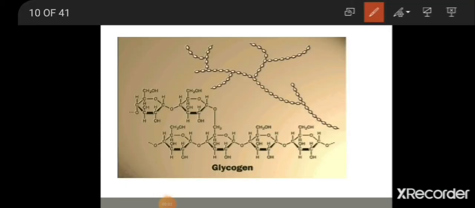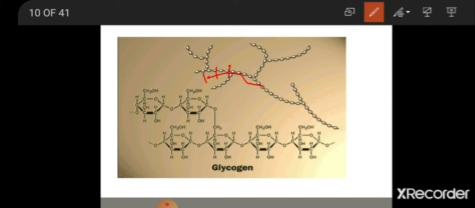From UDP glucose, the glucose moiety is attached to the glycogen primer by glycogen synthase, which keeps on adding glucose moieties in alpha 1,4 linkages.